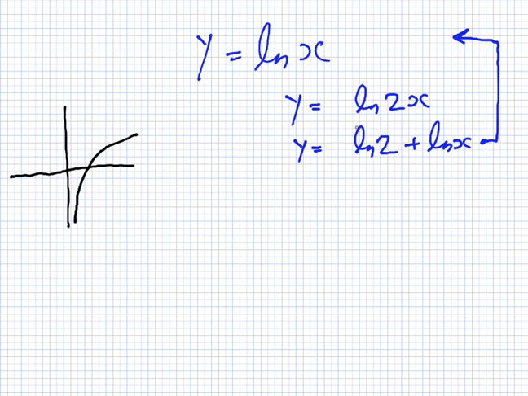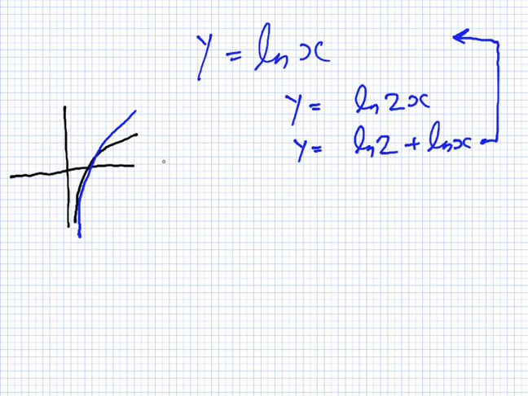The log 2. If I add a number to a graph, how does that change the graph? It just makes it go up a little bit. So log 2x, if you draw it, would look pretty much the same. It just gets raised a little bit.